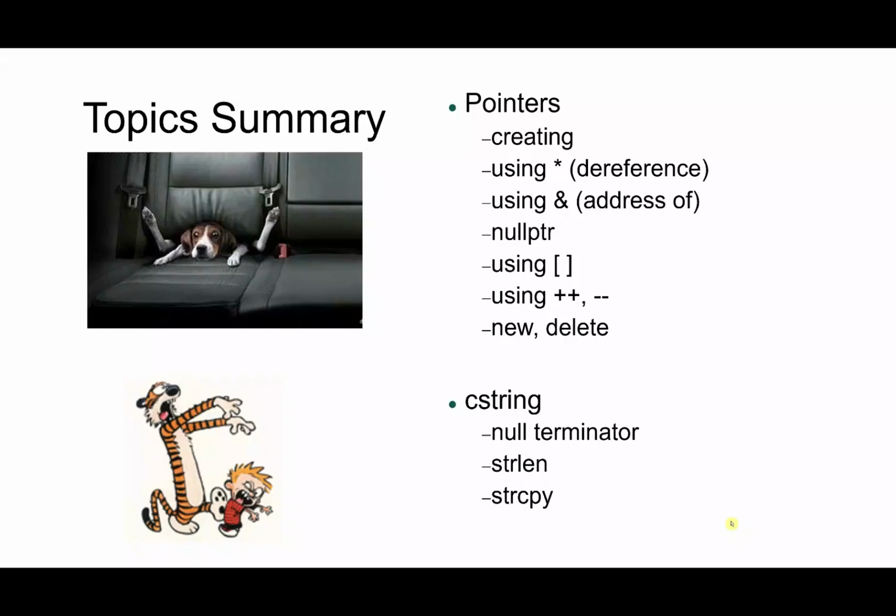We used plus plus, and the same way you can use minus minus, the incrementing and decrementing, new, delete. We had a look at C strings, null terminators, strlen, strcpy, which is string copy, string length, and so on. That's it for today, and have a great day.